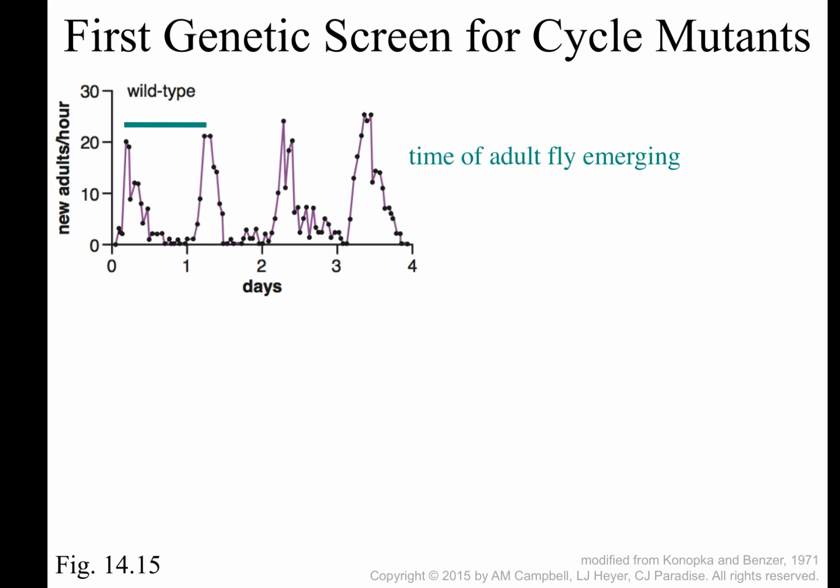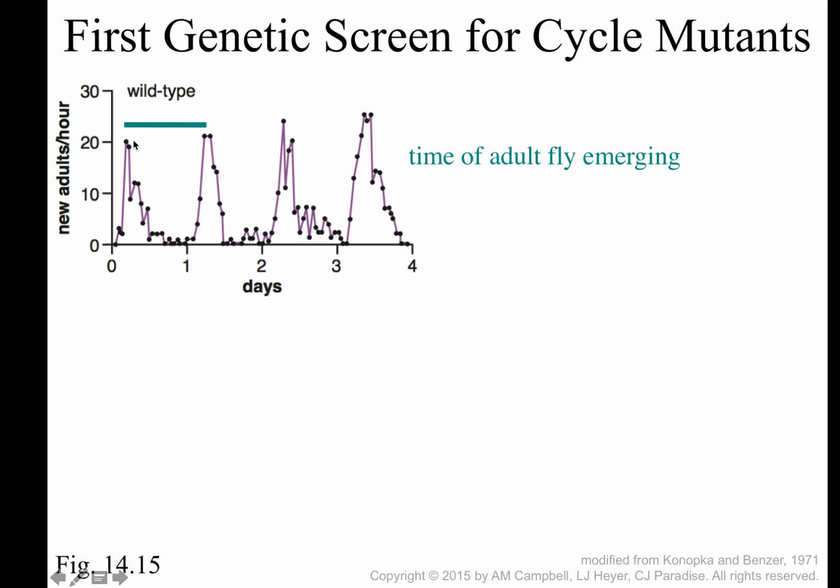And they thought that, okay, we're going to look at this behavior, which we can predict, and this is when the flies hatch. So this is time of day, over the course of a day, 24 hours. So time 0 is at the beginning of one period of the day all the way to the end of time 1. This is 24 hours later.